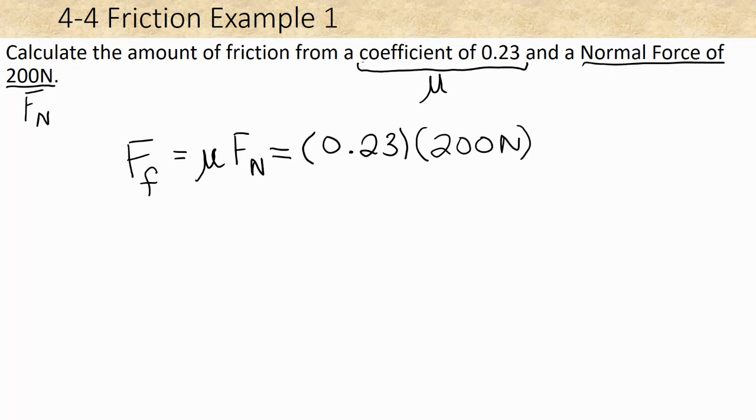Then do we just go to our calculator? 0.23 times 200. 46 newtons of force. And note that the unit is still in newtons. We have newtons here multiplied by no unit, so therefore it stays in newtons.